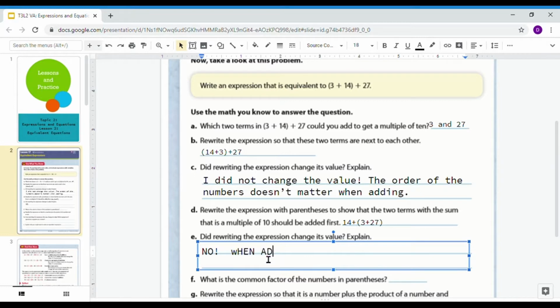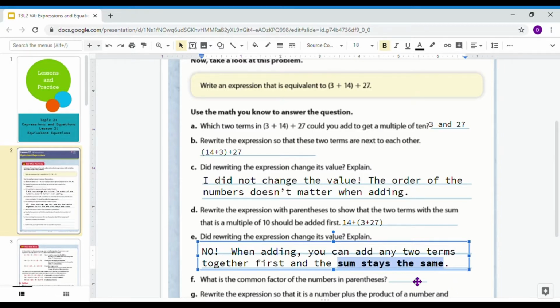When adding, you can add any two terms together first, and the sum stays the same. That is the key right there. The sum stays the same, which is the answer. The answer will always be the same.